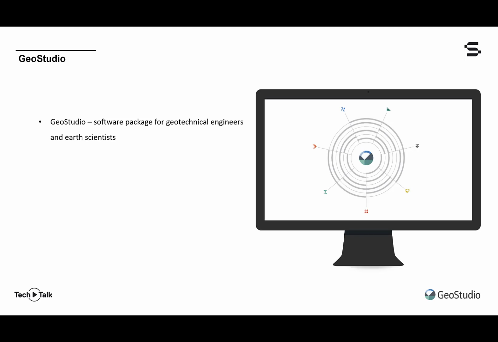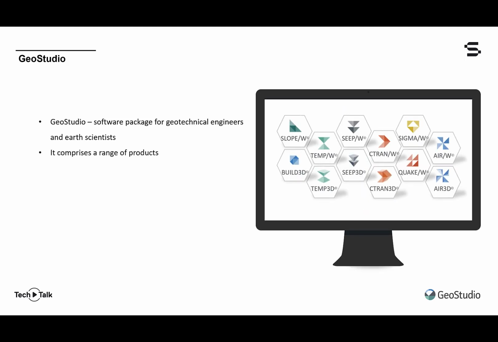GeoStudio was developed for geotechnical engineers and earth scientists. As such, it comprises a range of products that can be used independently or together to solve a wide array of problems. Today's webinar will focus on Sigma.